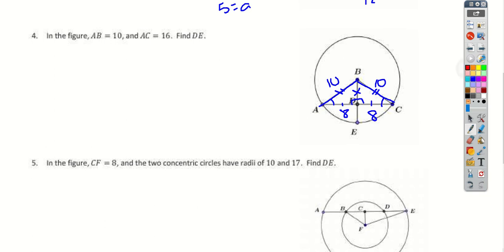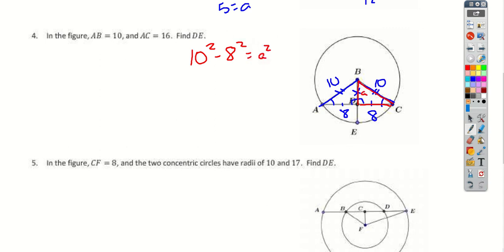Now the key thing is that we know that this whole length has to be 10 because it's also a radius. Okay, so what we really want to do is just figure out that length, and then we can subtract from 10. So we know we got a right triangle. We know it's 10 and 8. So 10 squared minus 8 squared is equal to a squared.